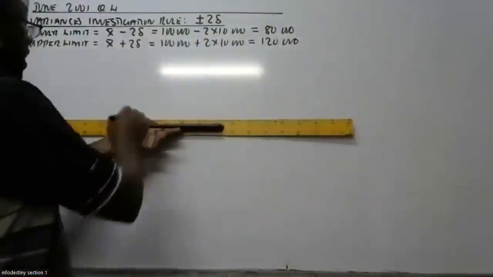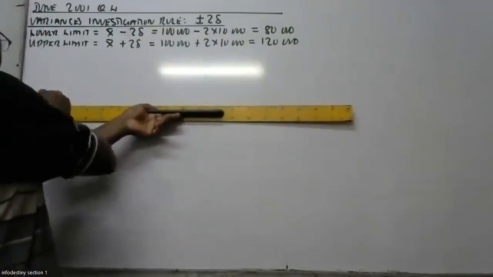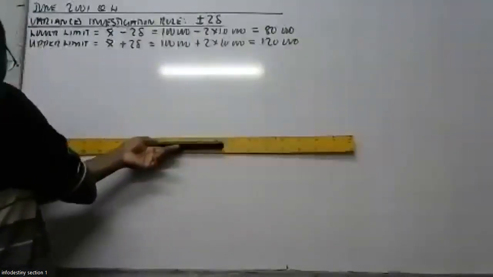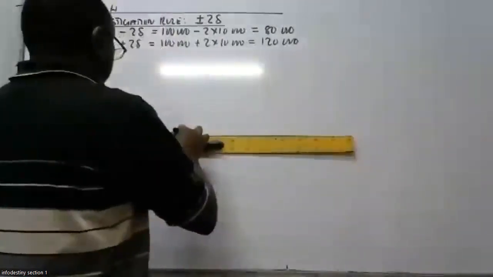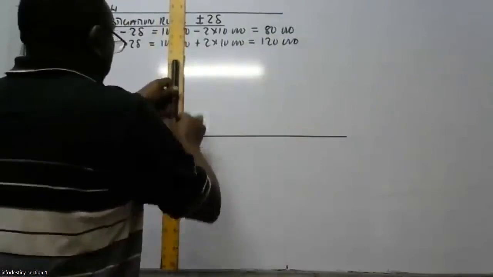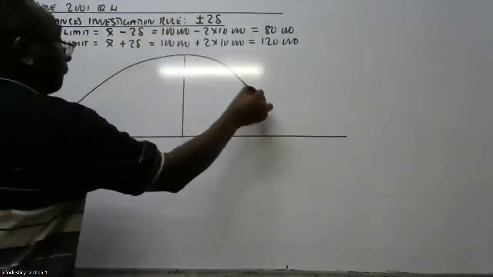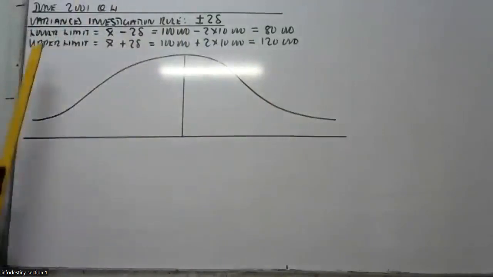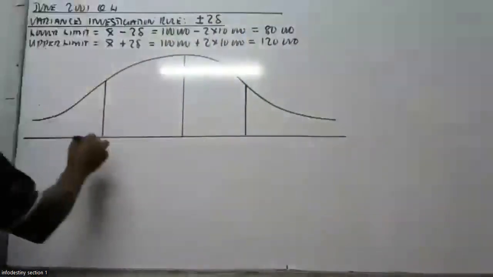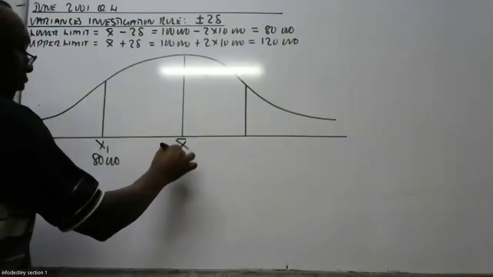So the rule is then done like this. You can either draw, give it as, now this is X1, which is 80,000. This is X bar, which is 100,000.